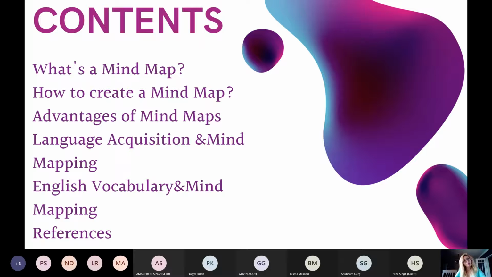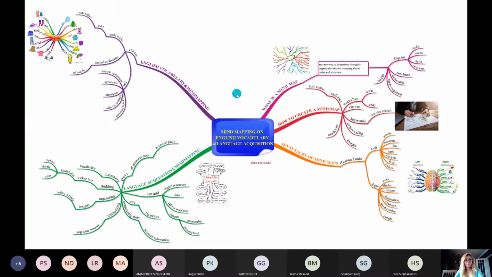And I'm going to show some mind maps for studying English vocabulary, and of course I have my references. Of course, I have created many mind maps, not in a linear way, but through mind maps, as my topic is mind mapping.